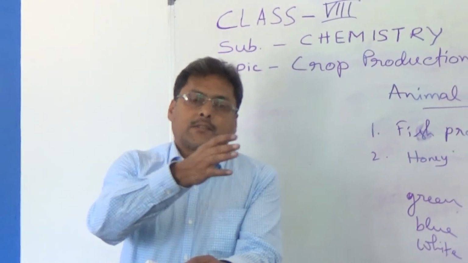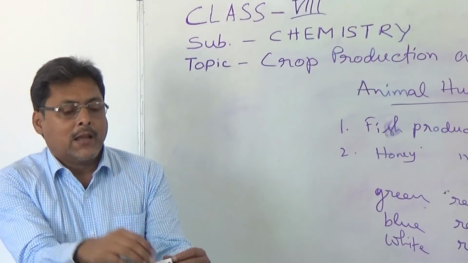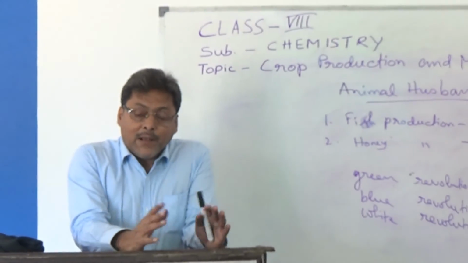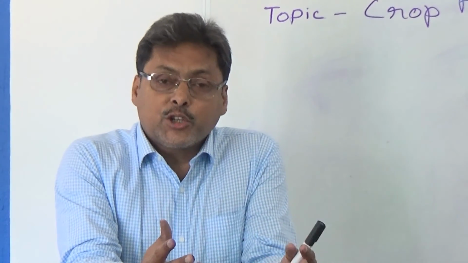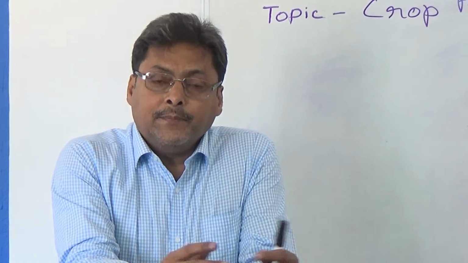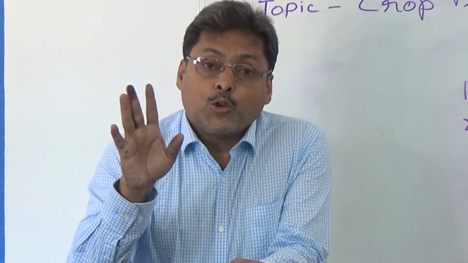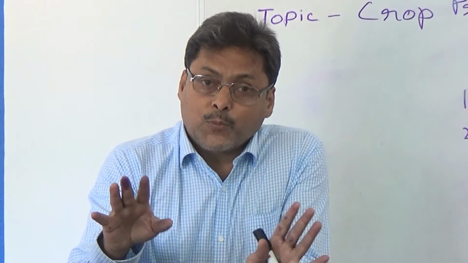We have already discussed the food we get from plants, which is called agriculture. But there is also some food we get from animals, you know, meat, egg, fish, honey. And these animal products can also be made into a kind of crop production, a mass production system.